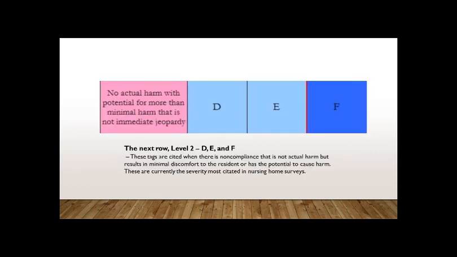Then we move on up to the DEFs. D and Es, they're okay. Not really actual harm. Minimal harm, no immediate jeopardy, so that doesn't mean somebody wasn't in immediate danger or that we'd put them at immediate risk. It was very minimal. And then we have the F there. So D and E are one color, F is darker blue. We'll talk about that in a few minutes.